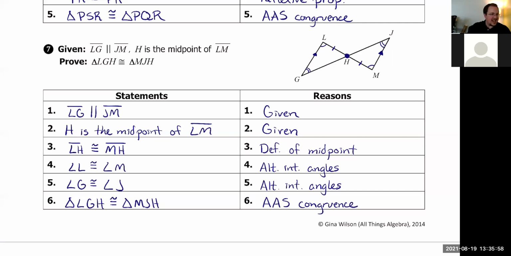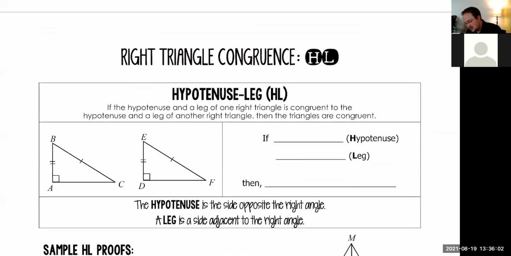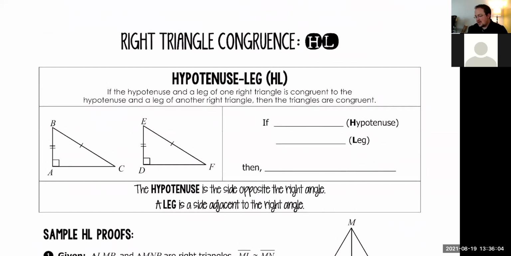All right, last page. Last type of congruence involving triangles. Like I mentioned a couple times now, this one is rather unique because notice it's not just saying triangle congruence, it's saying right triangle congruence. So hypotenuse leg only happens with right triangles.